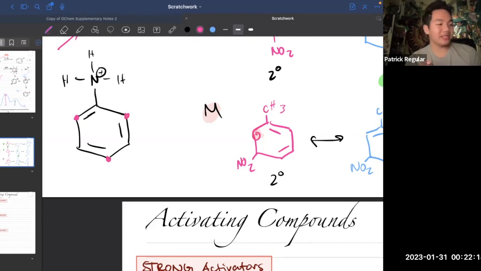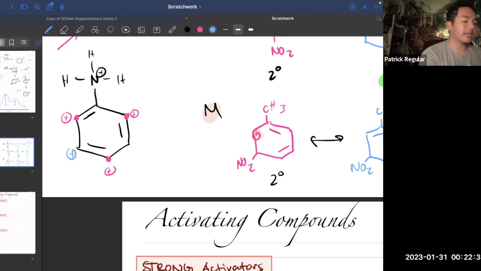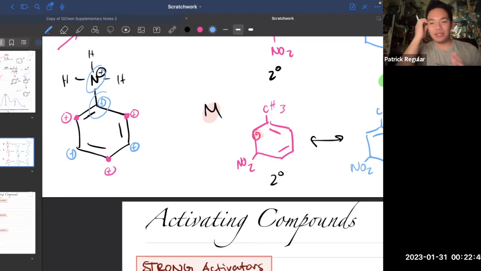And if they form only there, well, our hypothetical positive charges are nowhere close to that nitrogen. And conversely, if we were to look at our ortho-para, our ortho-para puts the carbocations right here, hypothetically. So if we were to follow the ortho-para, well, we're putting two positive charges next to each other. That's not stable at all. Nitrogen and all the other main deactivators are pulling electron density away from the aromatic ring.